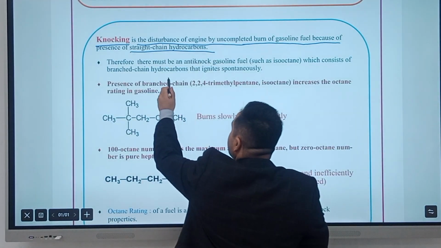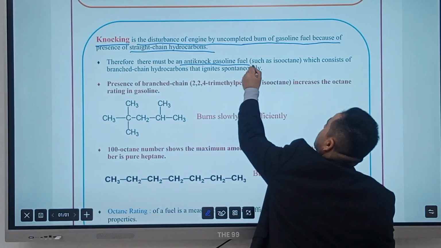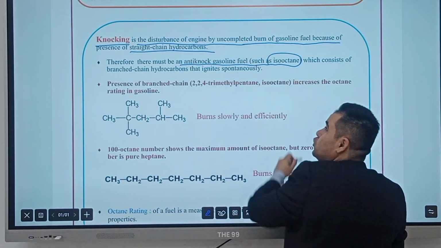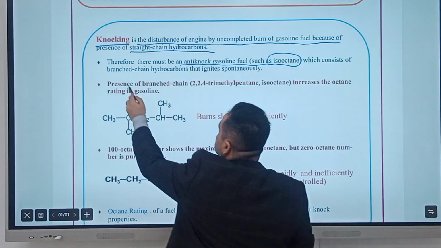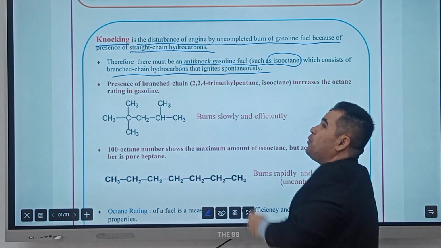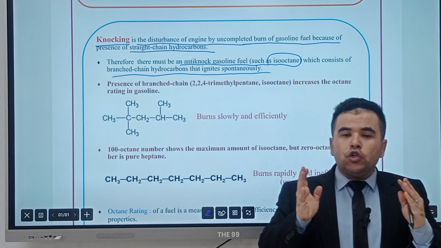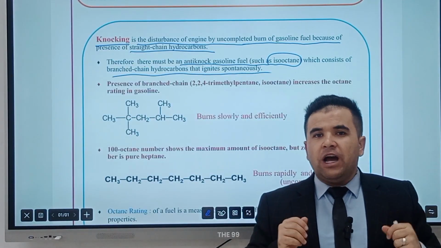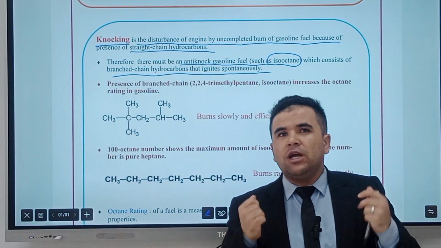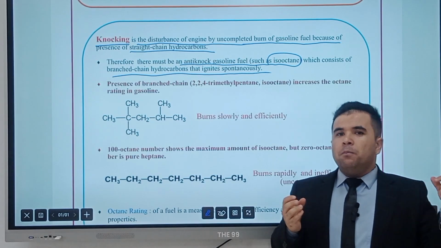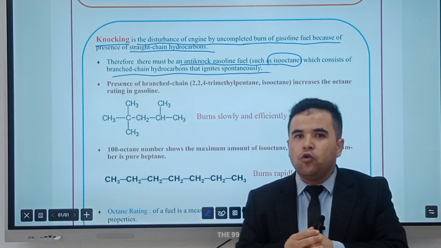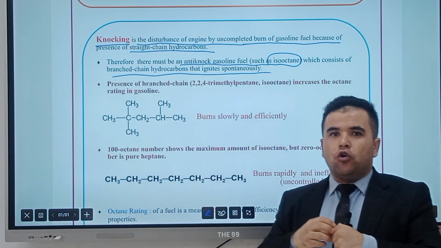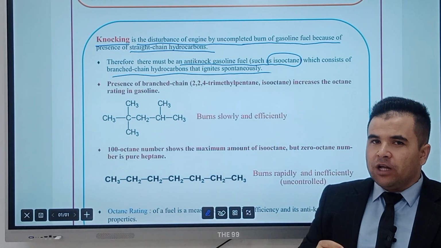So therefore there must be an anti-knock gasoline fuel such as isooctane, which is a branched alkane, a branched hydrocarbon that ignites spontaneously. In order to solve this problem, we have to increase the octane number. The octane number can be increased by the addition of branched hydrocarbons to the fuel, such as isooctane, which has 100 octane number.